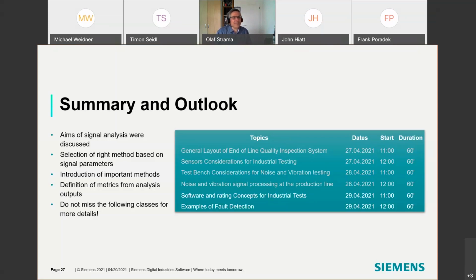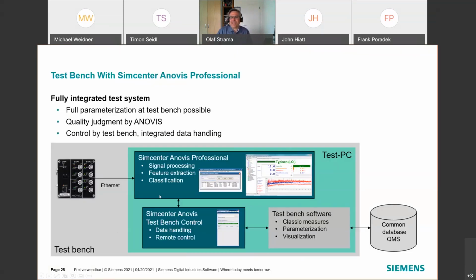If you remember, I will try to open this slide again. We have here our SimCenter Novus Test Bench Connect or Test Bench Control that interfaces with the test bench, and this software can also have the functionality to read a barcode. We have modules to access barcode scanners.